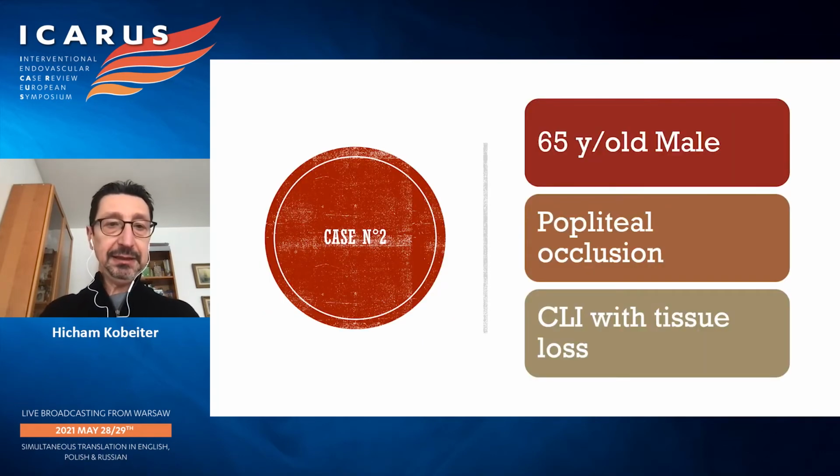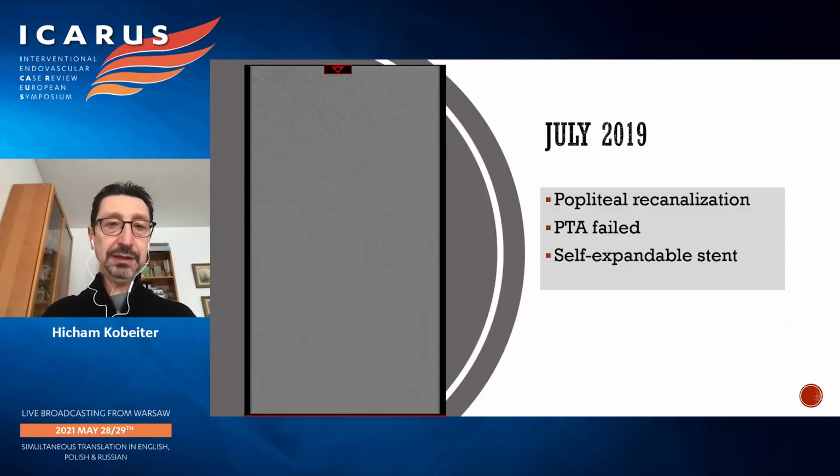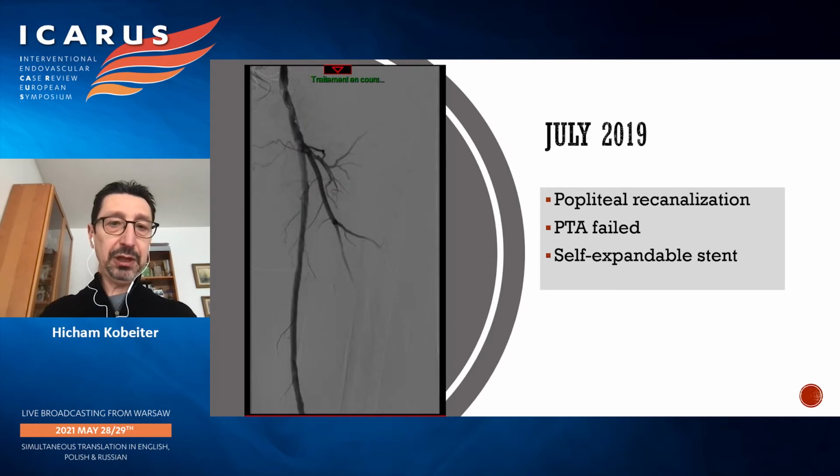The second case is a 60-year-old male also. He had a history of popliteal occlusion with critical limb ischemia. Three years ago, he had an angiogram and a recanalization of the popliteal artery.